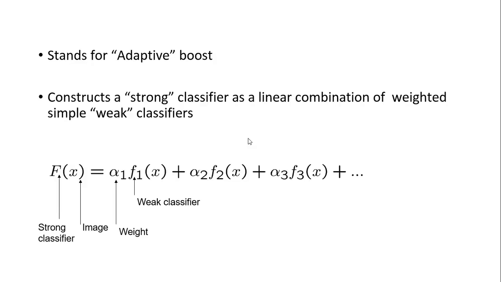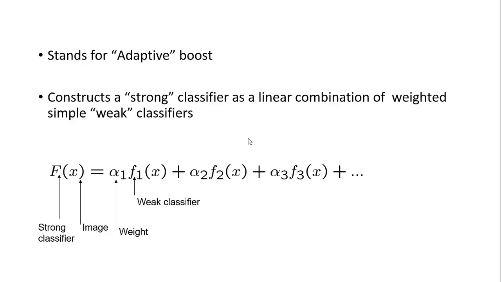What does ADA stand for in AdaBoost? Adaptive boost. Now what the adaptive boost algorithm does is it constructs a strong classifier which is equal to the linear combination of the weighted simple classifiers. Now the capital F of x represents a strong classifier, and the x represents the input image.